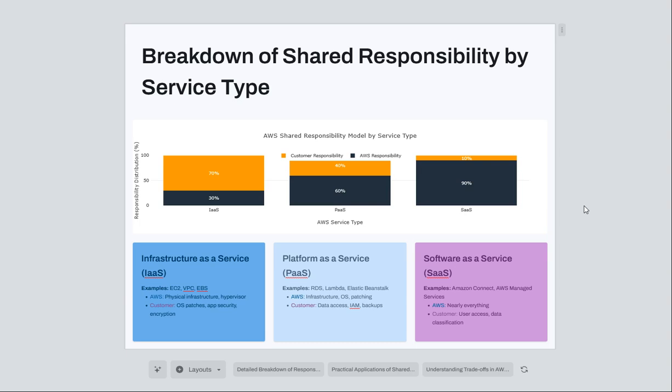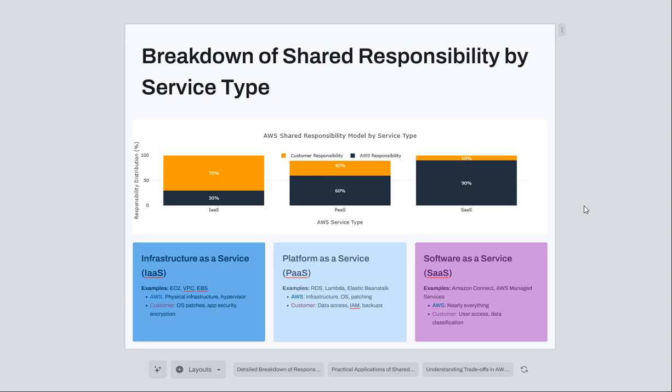Software as a service includes things like Amazon Connect and AWS managed services, mostly managed by the AWS services they're providing. AWS does nearly everything. The customer has only very little: user access and data classification.